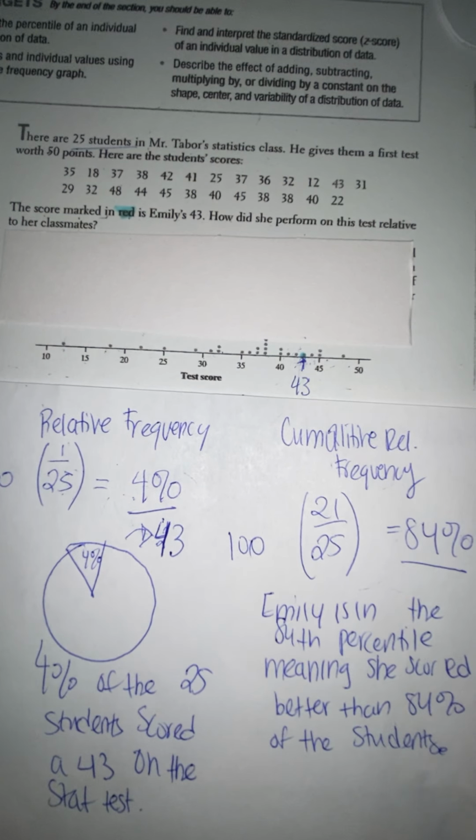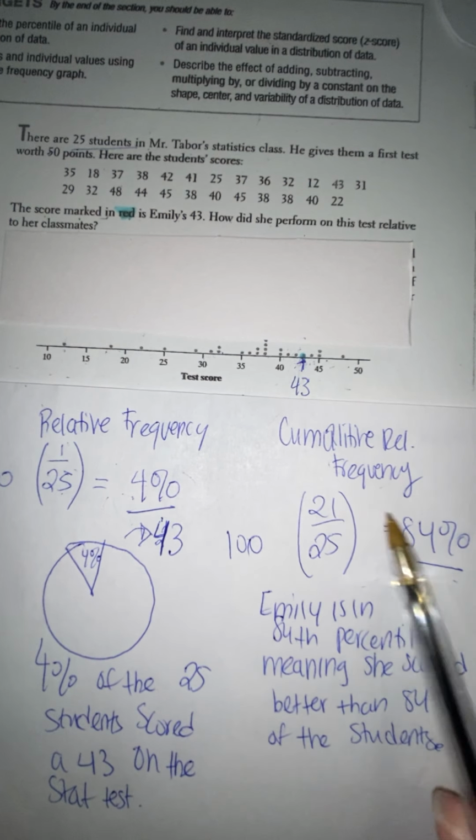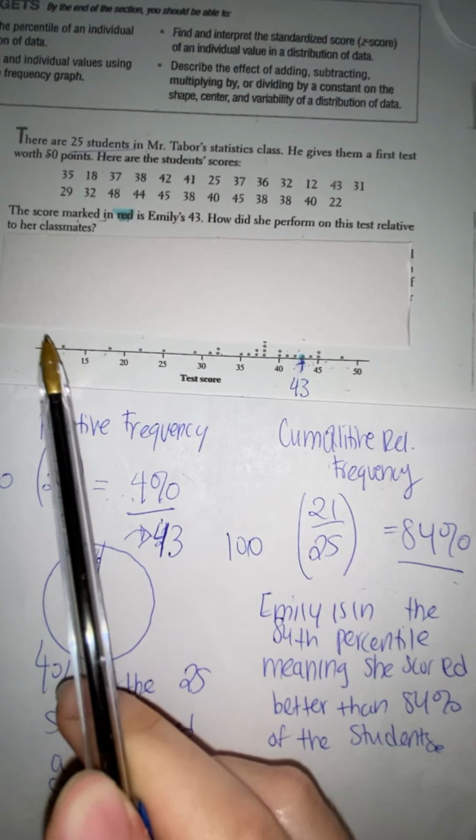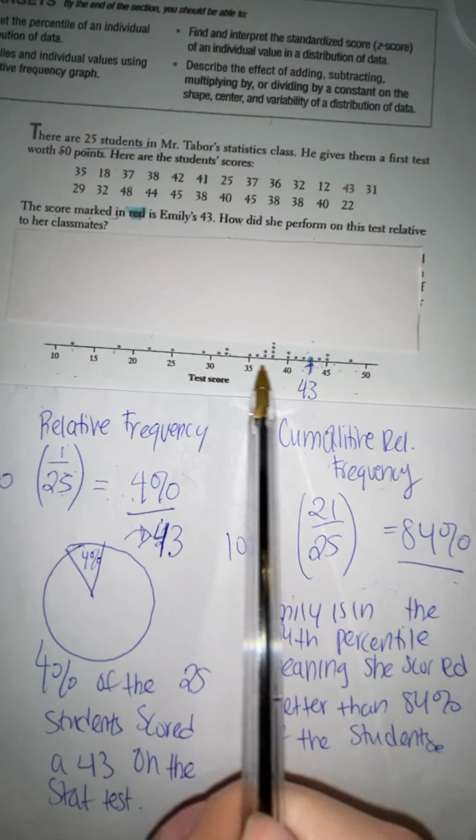So using a percentile, finding the cumulative relative frequency helps you interpret the individual values. It helps you compare how Emily did relative to the other students. So we can say Emily's in the 84th percentile, meaning that she scored better than 84% of the students, because 84% of the students are all of these students here who make up that data.